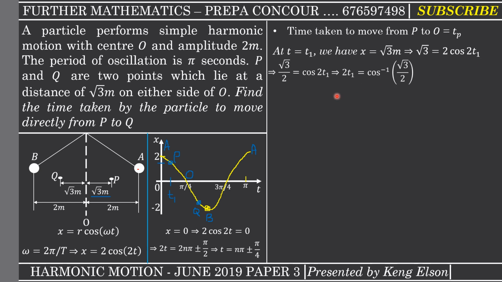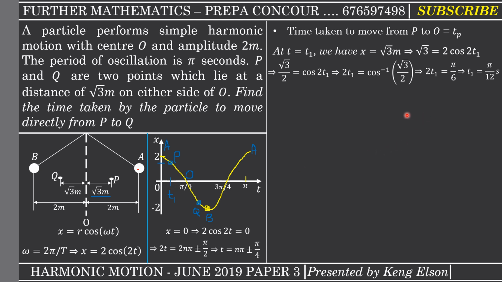Then we look for, because everything is occurring in the first quadrant, so we are not going to find general solution. We'll just be getting the principal value. So 2 T1 will be cos inverse of √3 on 2. Cos inverse of √3 on 2 is basically 30 degrees, which is pi on 6. So T1 is equal to pi divided by 12. That is T1, pi divided by 12. So this T1 here is pi divided by 12.